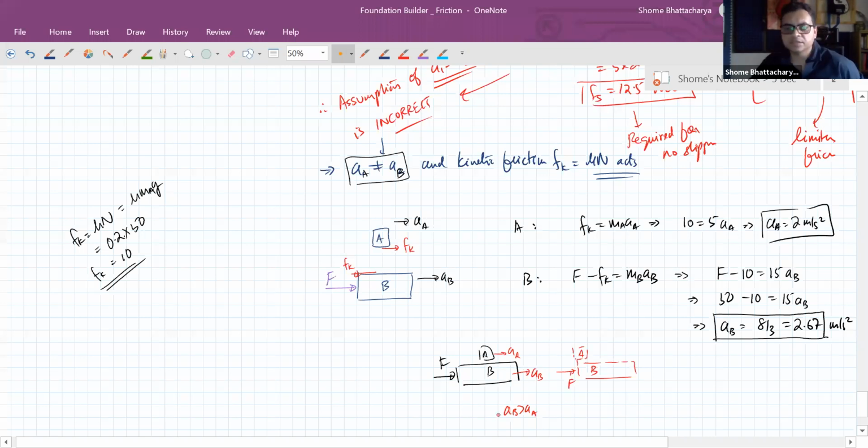But we are just concerned with the acceleration initially when we start applying the force. So that will be like this. Is it clear, Hitanshu?